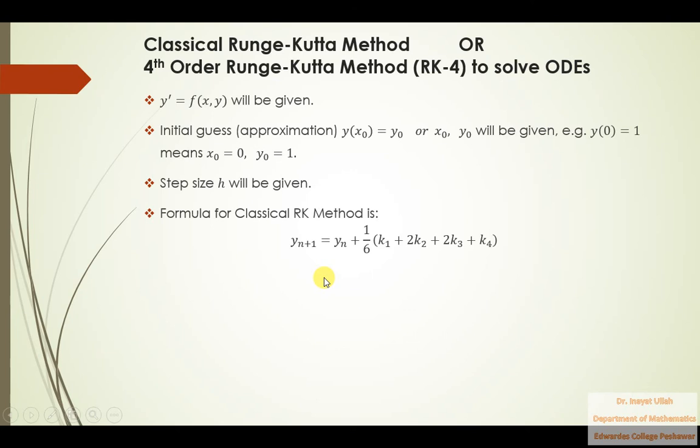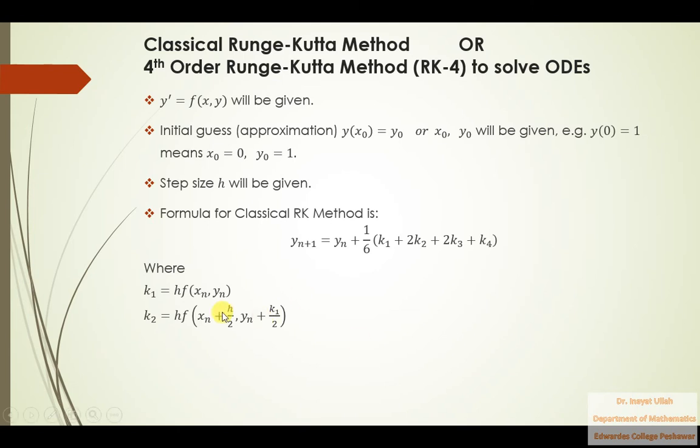So how could you find the values of these k's? k1 is h times the function of xn and yn, and k2 is h times the function of xn plus h/2 comma yn plus k1/2.